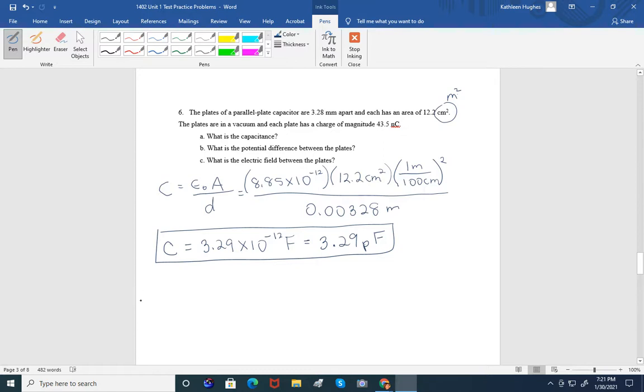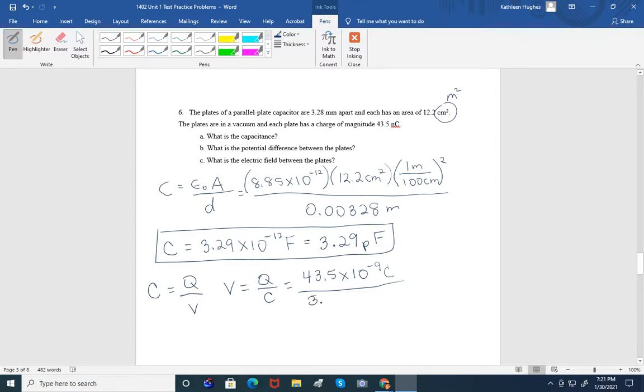What is the potential difference between the plates? So what's the voltage? Well, we know capacitance is the ratio of charge to potential. So V is equal to Q over C. The charge is 43.5 nanocoulombs, so 43.5 times 10 to the negative 9 coulombs.